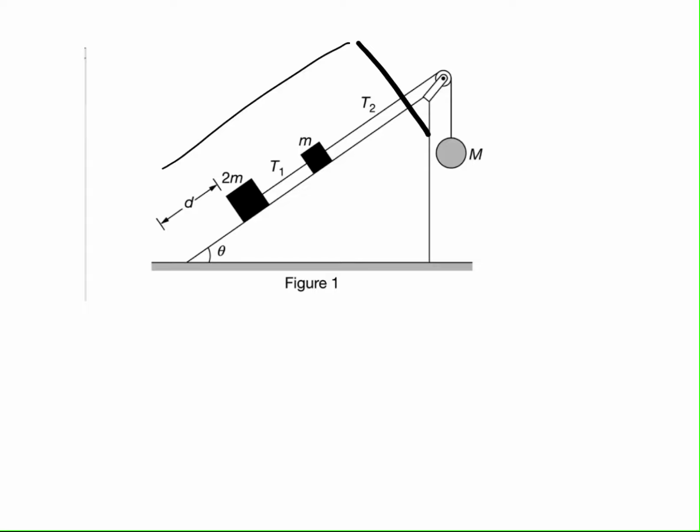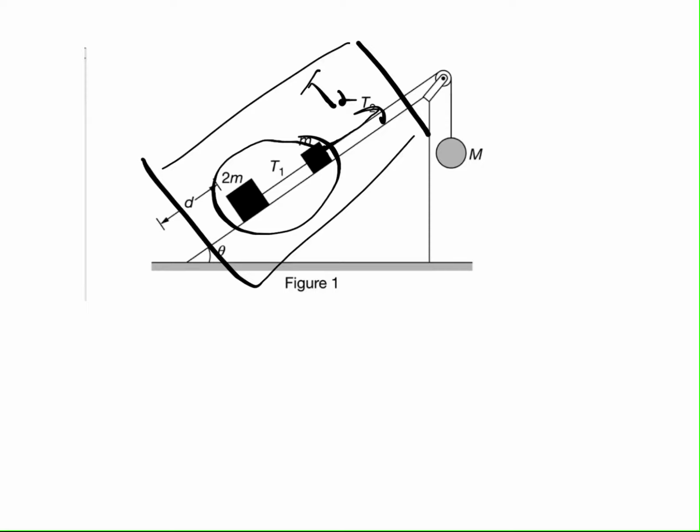Okay. So I'm going to look at the system, and let's just look at this part. Probably the easiest way to do this. So we have T2 acting upwards, and we have the force of gravity acting on all 3m of this mass, the 2m and the m, parallel, acting against it.